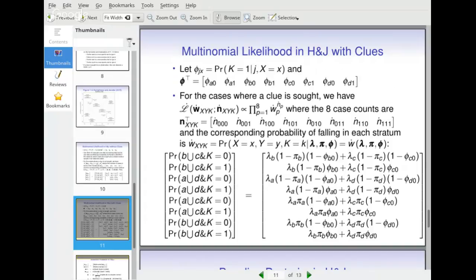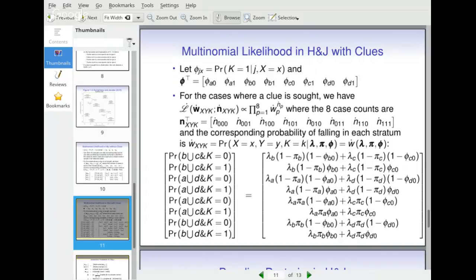And then next to it, we have phi A1, the probability k equals 1, given that a country is type A and X equals 1 was observed. And so we do that for the others. There are 8 phis here for each country. So we round those up.